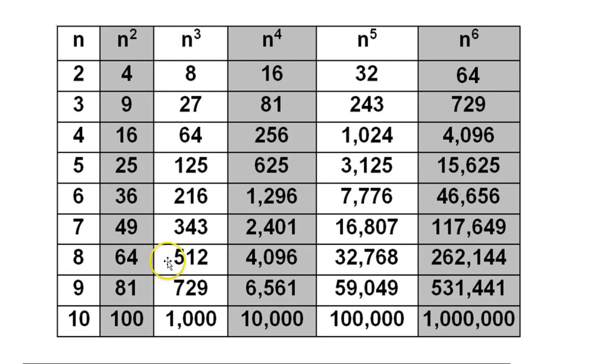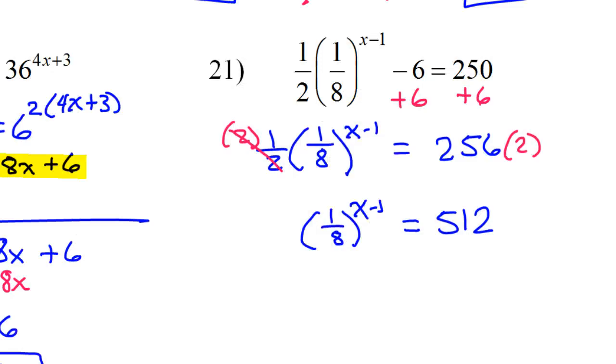Interesting. I don't think I see 512 anywhere else, so we're going to have to go with 8 to the 3rd power. That means I need a base 8 over here.